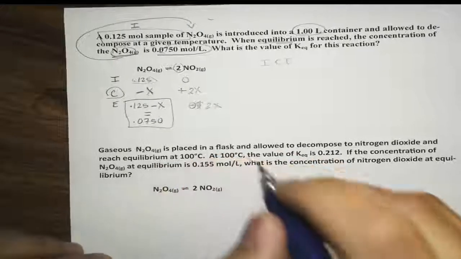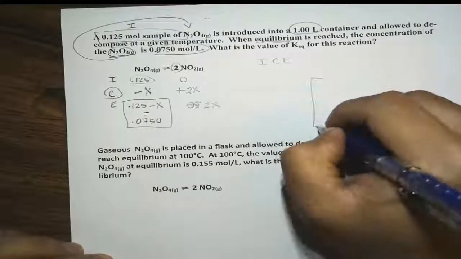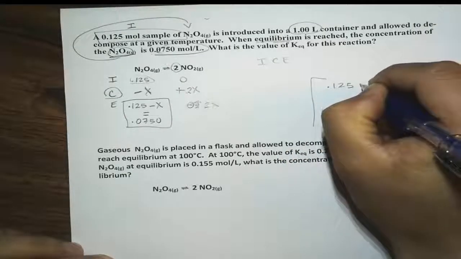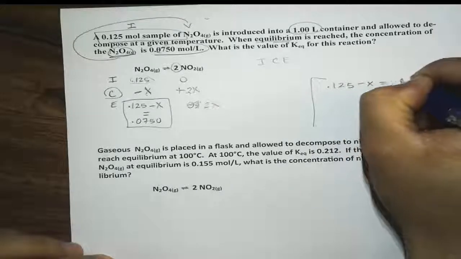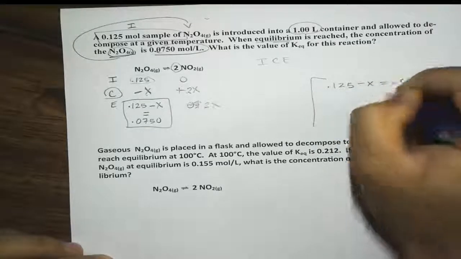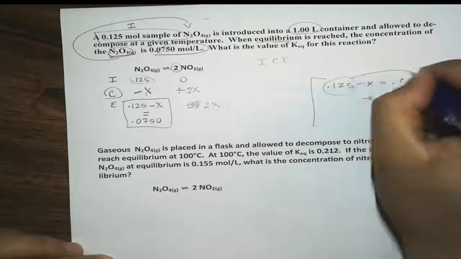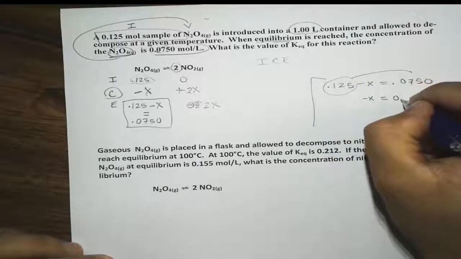So we can solve for X. Let me do it on this side so you can see how the math works. 0.125 minus X equal to 0.0750. What is X going to be? Minus X, and we bring this over here.